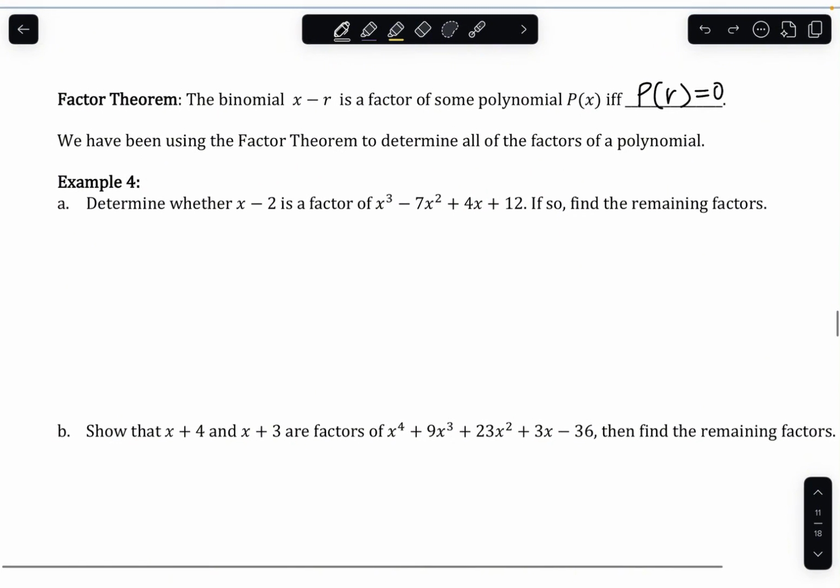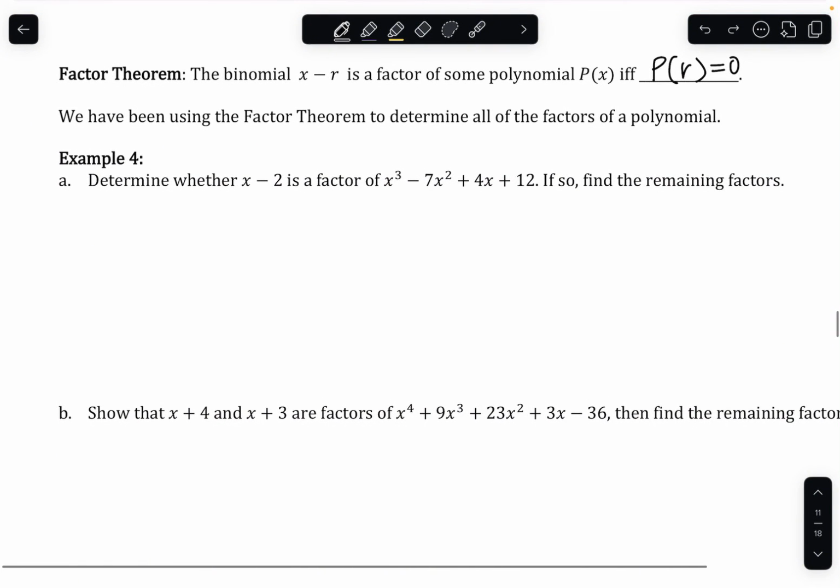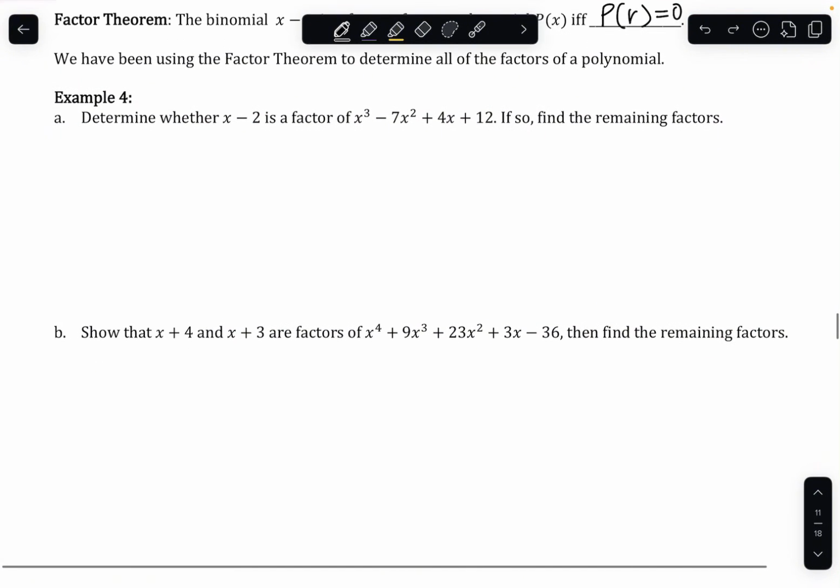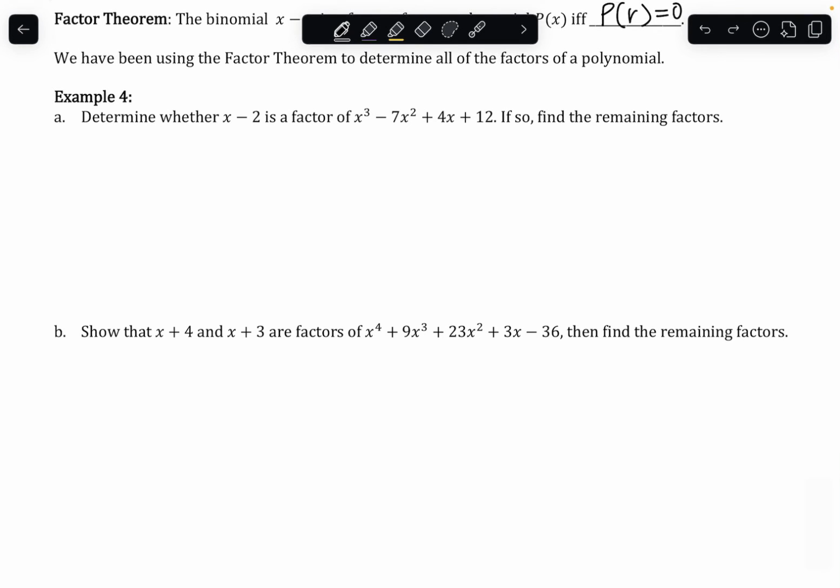And so we've been using the factor theorem to find all the factors, and so we're just going to do some more examples of that. And so determine whether x minus 2 is a factor, and if so, find the remaining factor. So we're looking for a remainder of 0. Okay, and so using synthetic division, writing down the coefficients of the polynomial, x cubed minus 7x squared plus 4x plus 12.